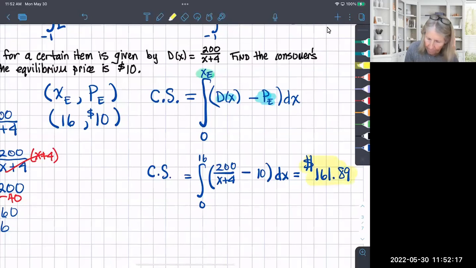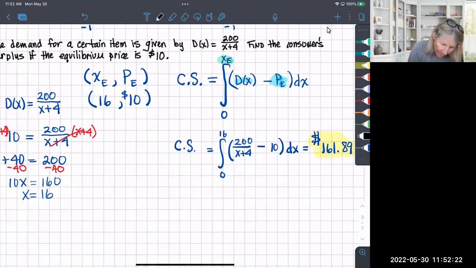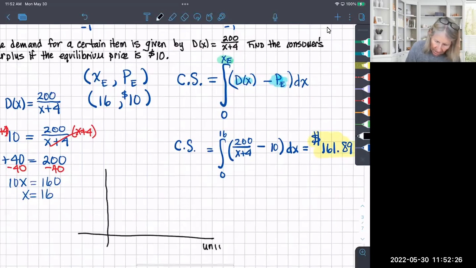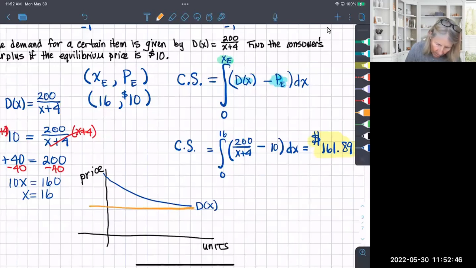So that should come out to be $161.89, right? Again, I said it is area because really, if you imagine the picture here, we've got units across the bottom and price on this axis. You have this demand function, and again, I'm making it up, I don't know for sure, but you've got some demand function coming down probably like this. Then you're getting the area between that and the equilibrium price.